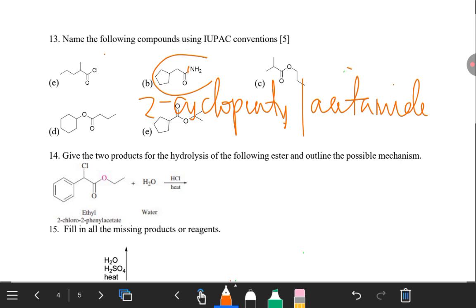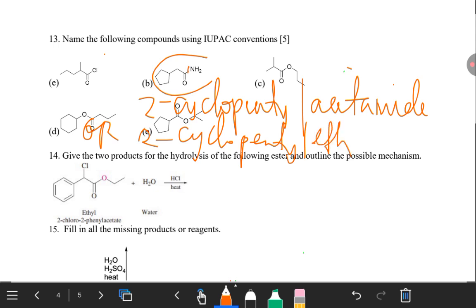But if you don't want it to be written in this manner, you can also call it 2 cyclopentyl, then 2 carbons, it is eth, right?